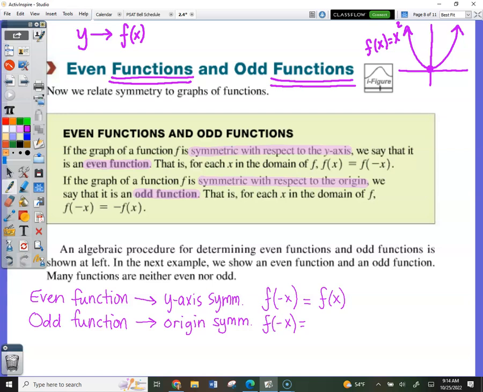And then check and see if it's the same thing as negative f of x. Now, why does this say negative f of x? What is f of x equal to? Y. Okay, so this is saying plug negative x in and see if it produces negative y, because the rule for checking around the origin is negative x and negative y have to be plugged in, right?